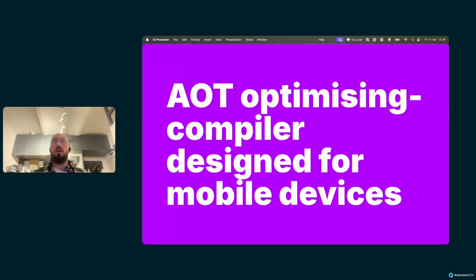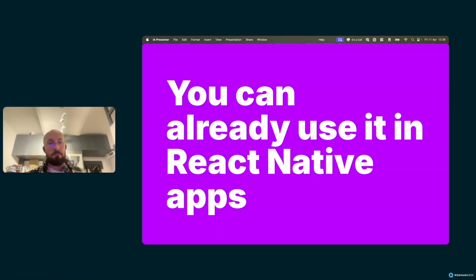So the first reason to create Hermes is to save on resources and compile before running. And the second reason is that just-in-time compilers from external providers are forbidden on some mobile devices. And Hermes is already available. You can just right now use it if you write React Native.